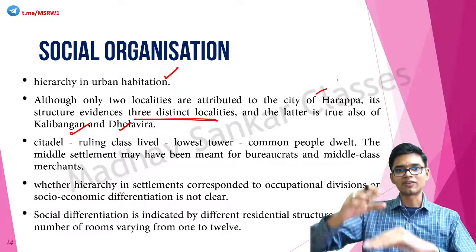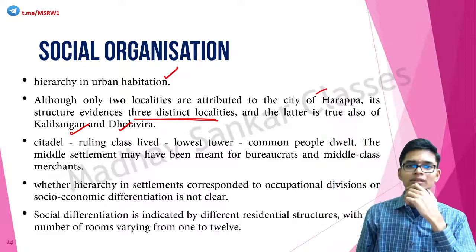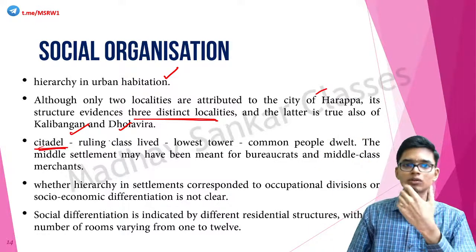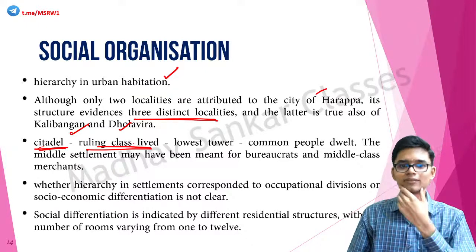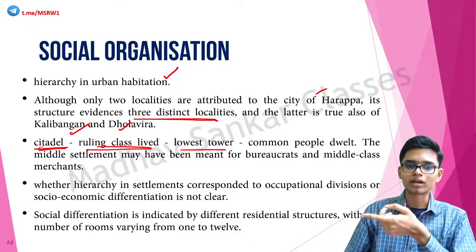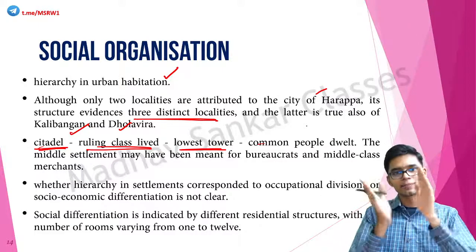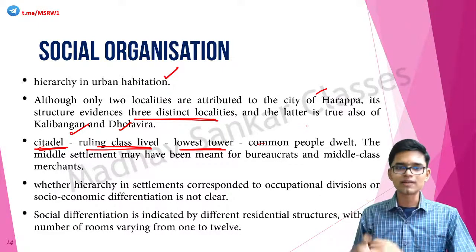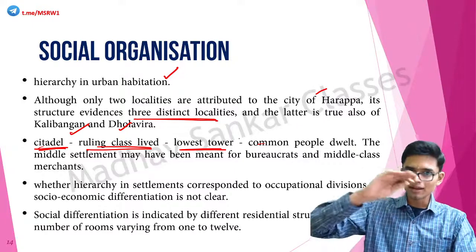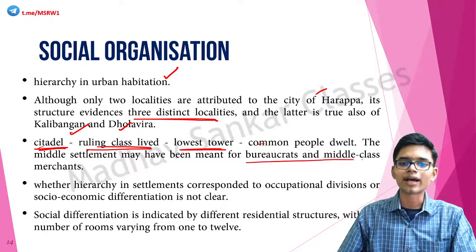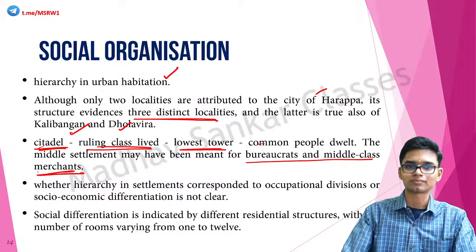This society is divided into three divisions. Obviously one is the citadel, the place where the sovereign or the ruling class lived, at least historians believe that. Then we have the lowest town where the common people lived. And then there is a middle area. Historians believe that probably this middle level settlement was utilized by bureaucrats and middle class merchants.